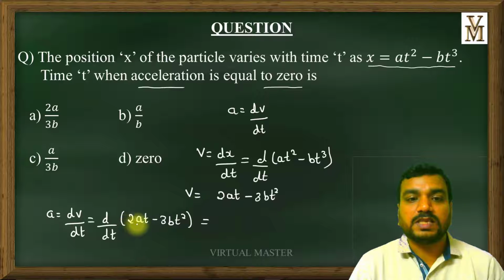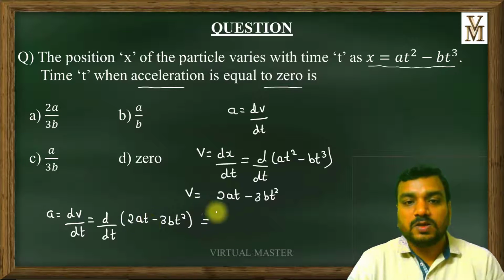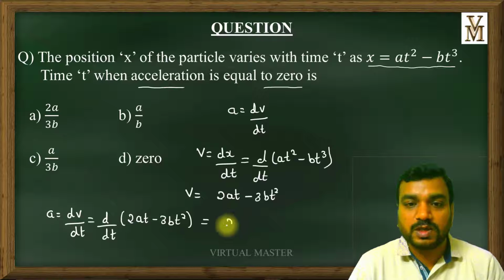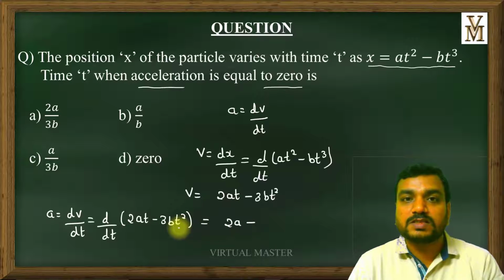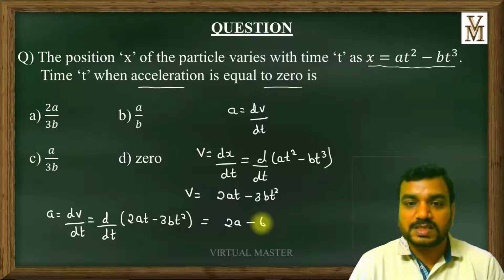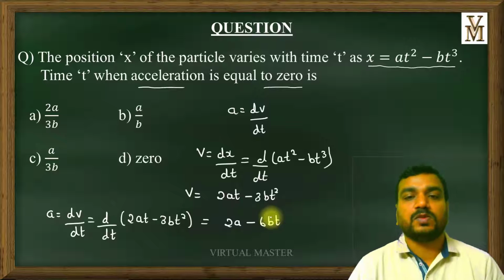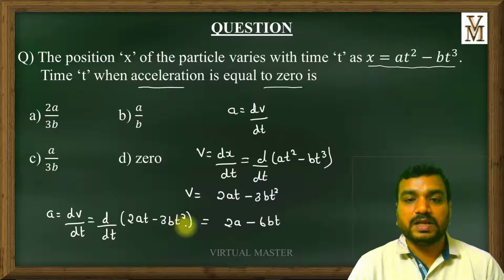Now differentiation of t is 1, right? So what will be left in the first term? Only 2a. Minus, and differentiation of t square is 2t. 2 into 3 is 6, right? So I can write 6bt. Differentiation of 3bt square will be equal to 6bt.